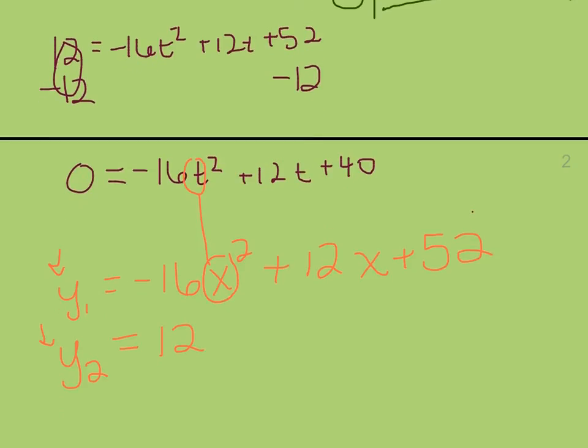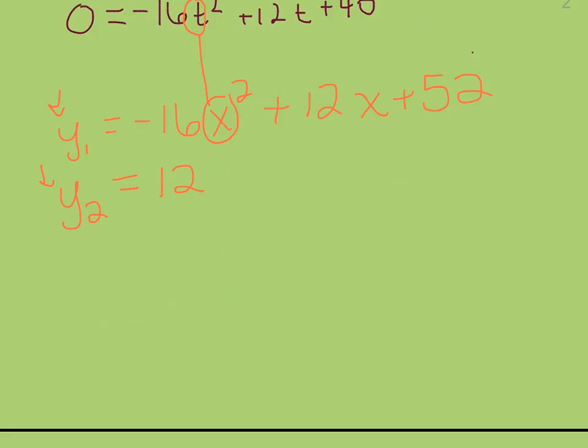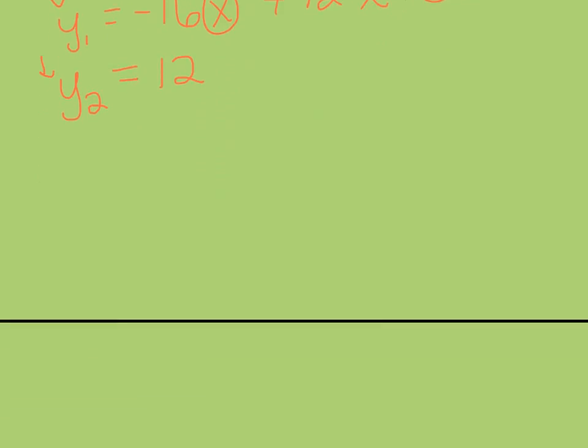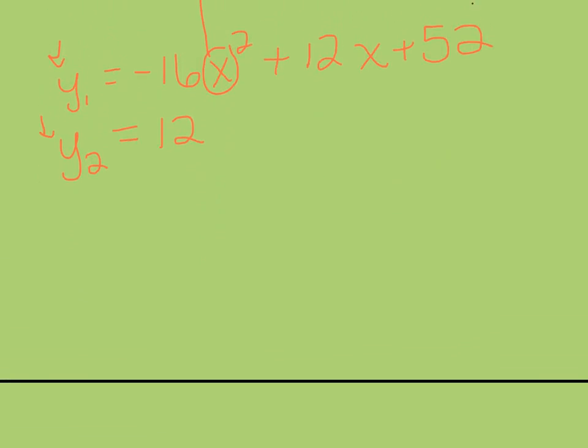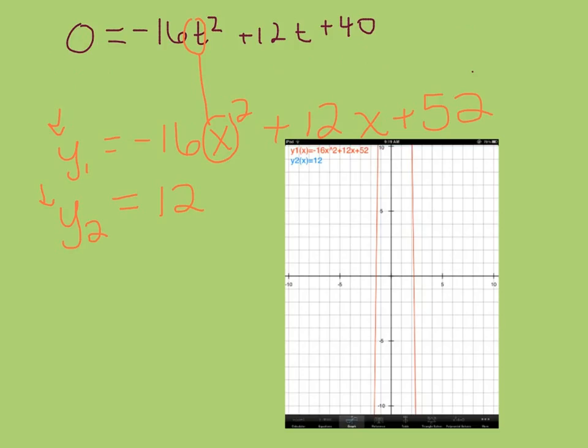Now, when you first graph this, in your normal screen view, you'll see something along the lines of this. Well, we can't see what we need to see, so you're going to have to change your window. I want to make it a little bit narrower, and I want to be able to see a little bit higher. So I want to change my x min, my x max, and my y max.